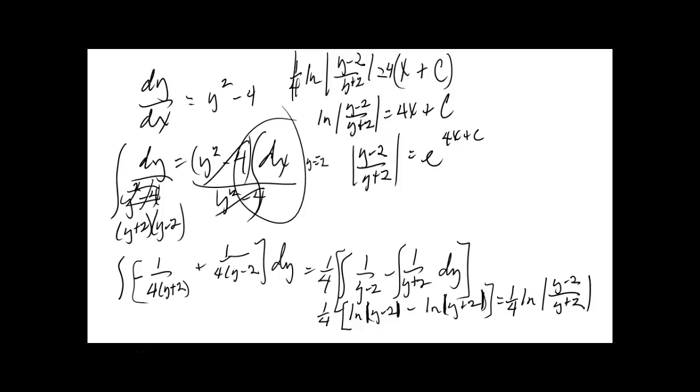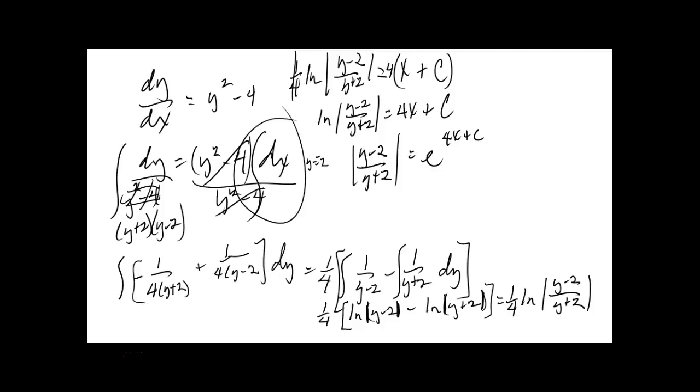Now, if you lose the absolute value bars, okay, then the right-hand side is either the plus or the minus of that.